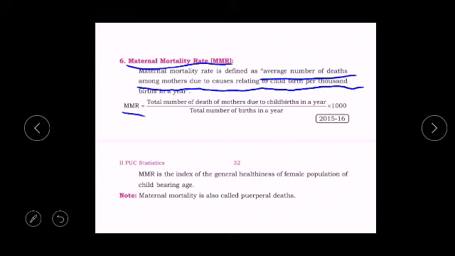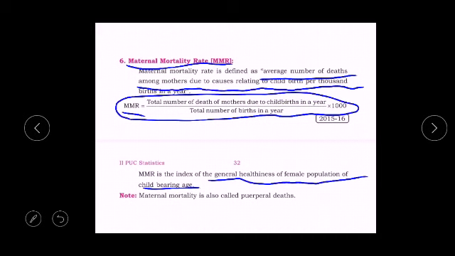And the formula is total number of deaths of mothers due to childbirth in a year divided by total number of births in a year, into 1,000. So MMR is the index of general healthiness of the female population of childbearing age.